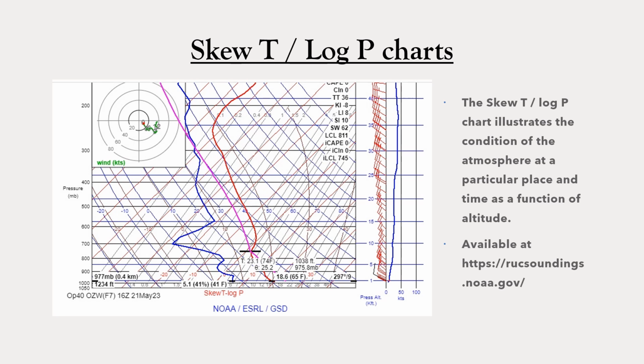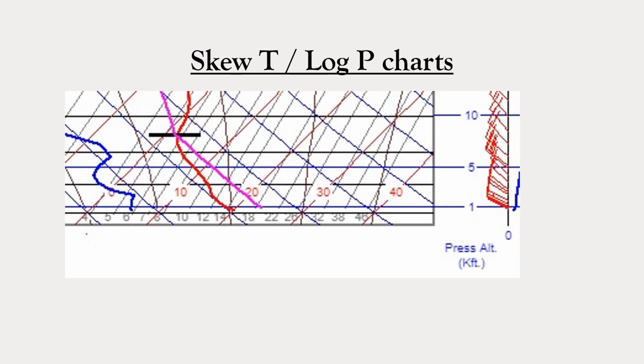At the Rucksoundings website, it's actually an interactive website. I've blown up the chart a little bit here to show what information you can get. If you move your cursor around, you can indicate the temperature at the ground level, and the chart will add this pink line.